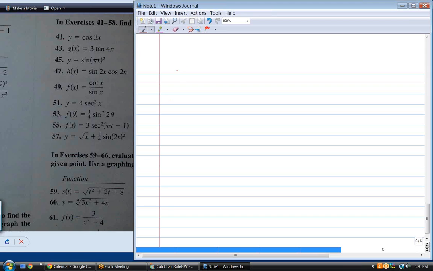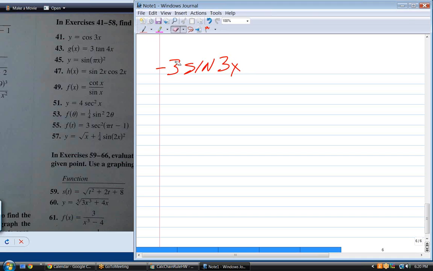Would it be negative sine of 3x times 3? Correct. And I'm going to put the 3 at the end, because you always do the derivative of the outside times the derivative of the inside. But after I'm done, I'm going to write it like that.